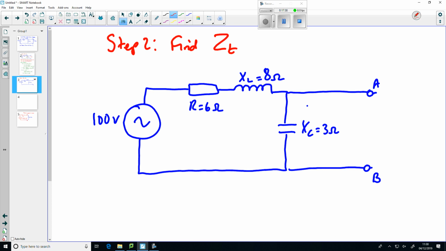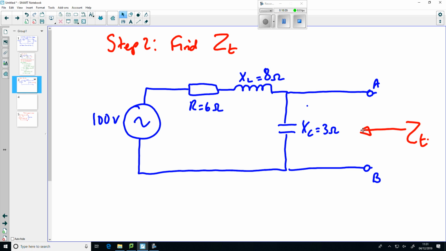ZT, Z little t, is the resistance looking in there, yeah, when you replace all sources with their ideal internal impedances. Yeah. So you take out any voltage sources and any current sources you've got in the circuit, and you replace them with the resistance of an ideal voltage or current source.